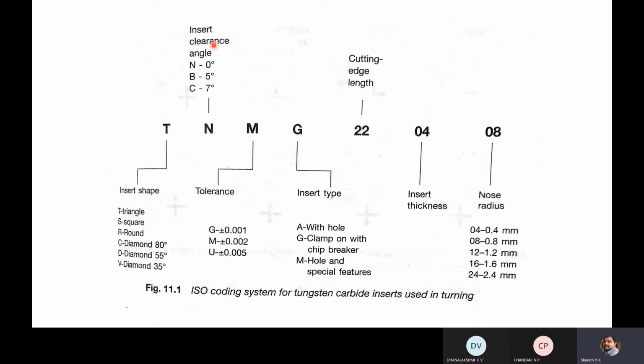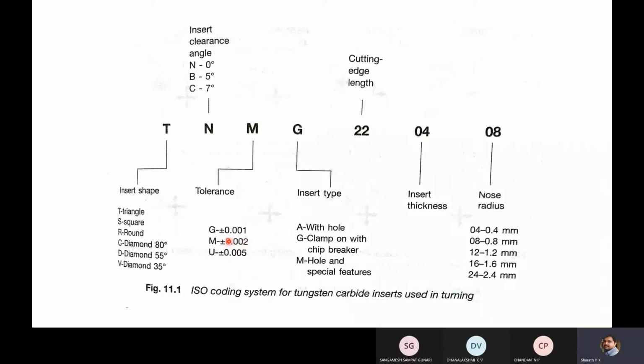Next, N is about the insert clearance angle. If it is N, the clearance angle is 0 degree. Instead of N, if T is followed by P, that means the clearance angle is 5 degree. Next, M is the tolerance limit. Here M means the tolerance that you can get using this insert, so there will be a dimensional error up to plus or minus 0.002.